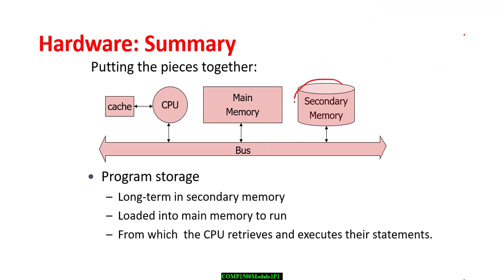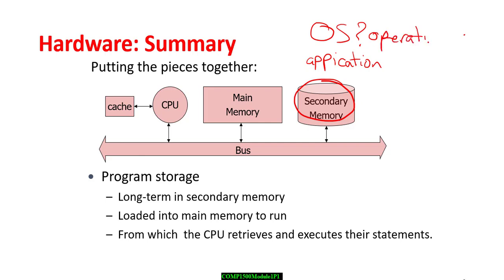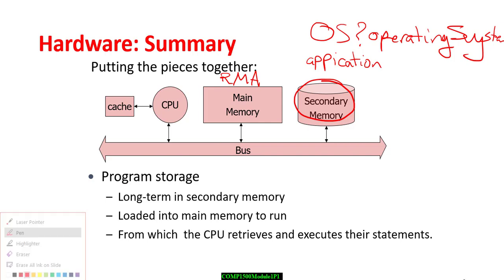We have secondary storage holding our applications and OS. What's an OS? It's our operating system. Our main memory is our RAM.